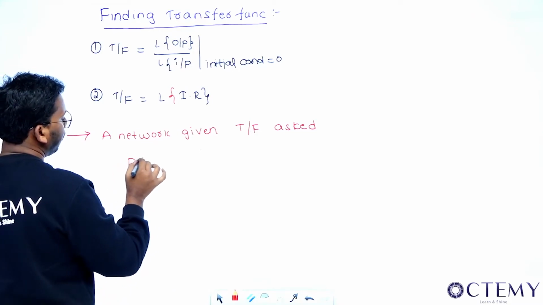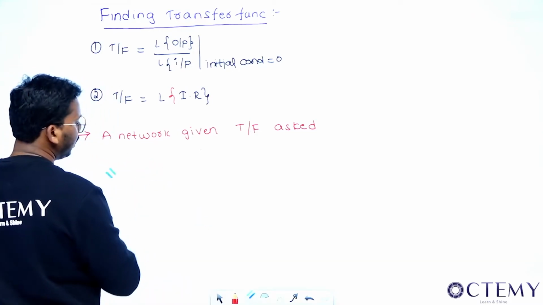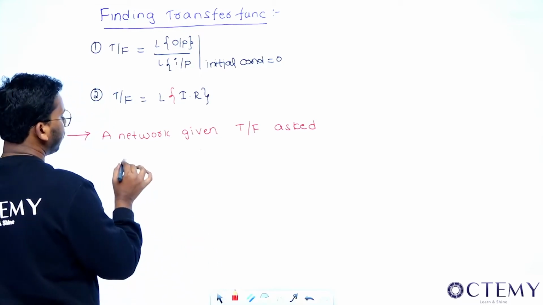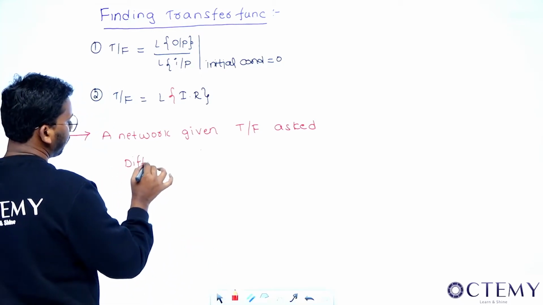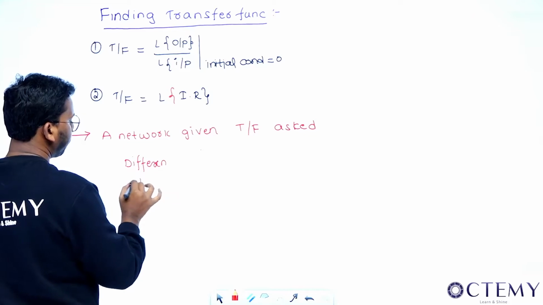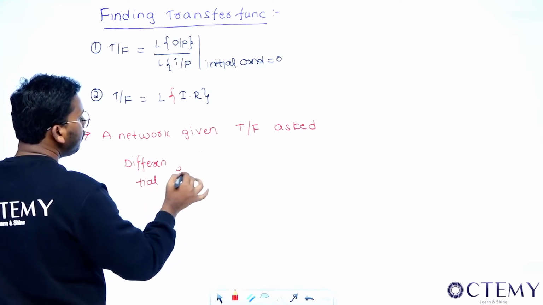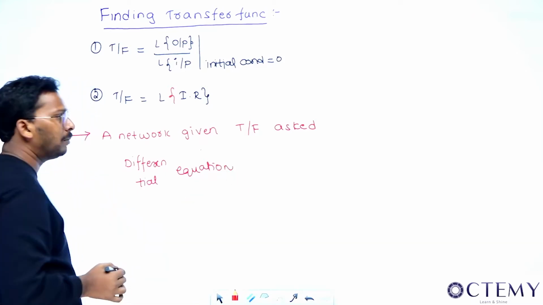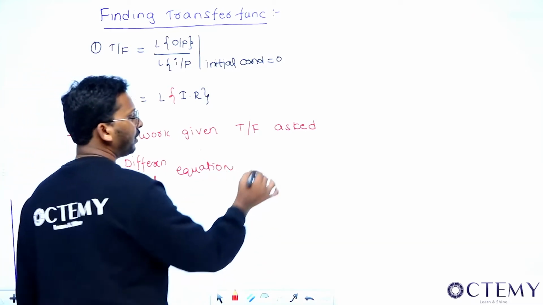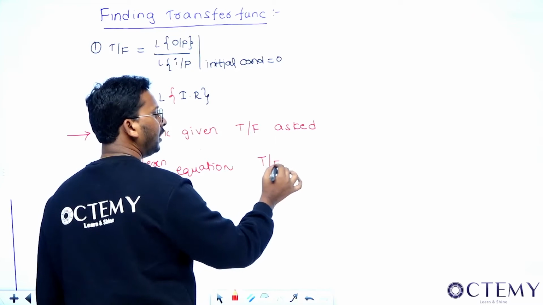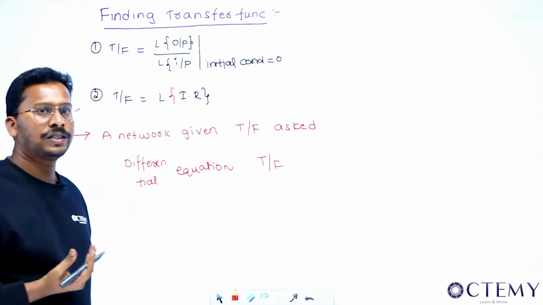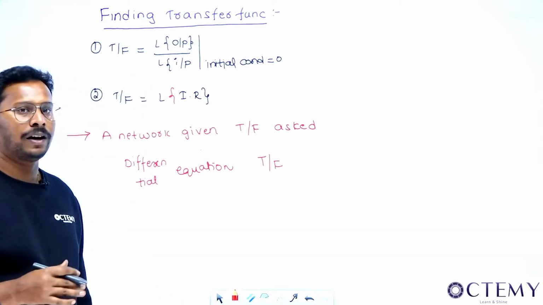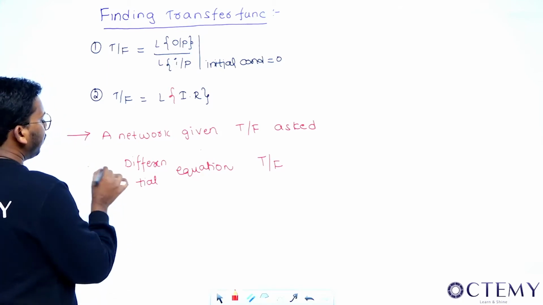In the differential equation, there will be some input, some output, and they'll ask you the transfer function. You convert the differential equation into your Laplace domain, then you can find the transfer function. This is the second way to ask it.